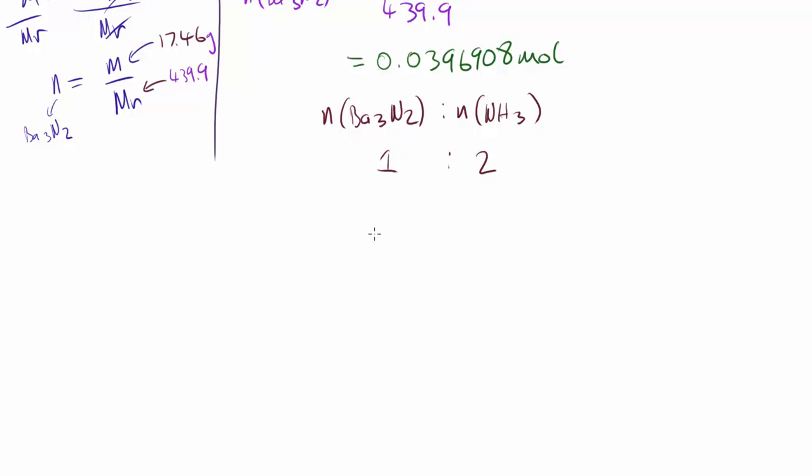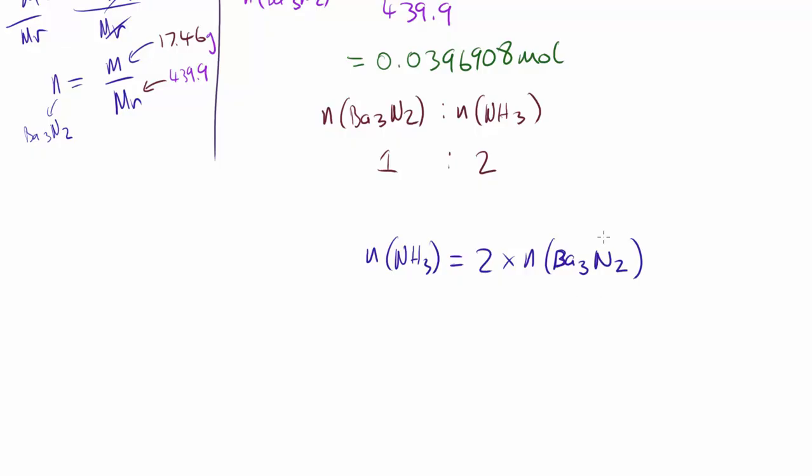It is already 1, right? So we can just go to the overall deduction from this, which is that the moles of NH3 is equal to 2 multiplied by the number of moles of Ba₃N₂, right?